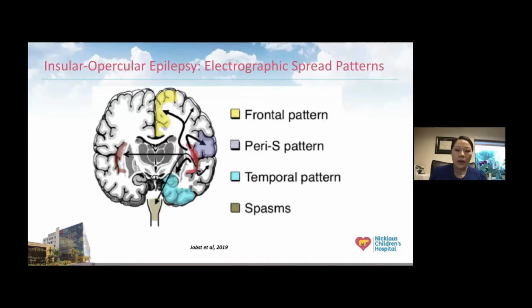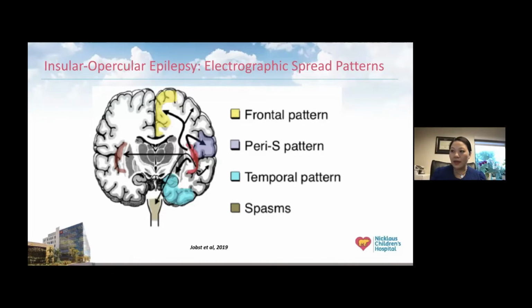So how does insular opercular epilepsy spread? There have been multiple recognized patterns of insular opercular epilepsy spread, and through intracranial studies, we have made great strides in understanding the different types of seizure spread of the insula, and that includes a very classic peri-Sylvian clinical pattern.